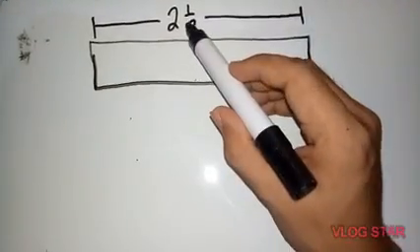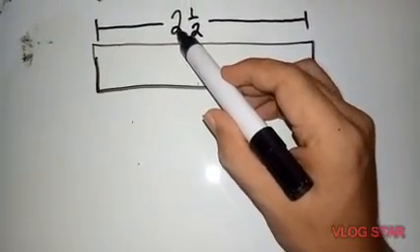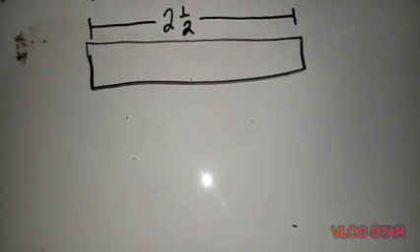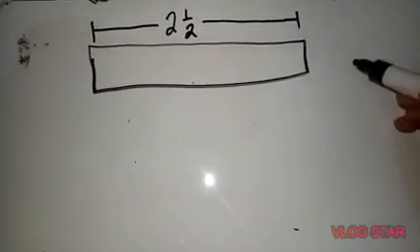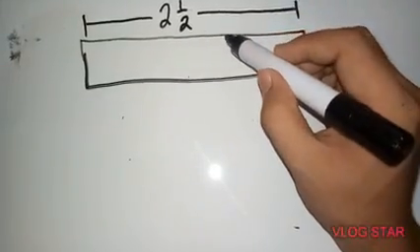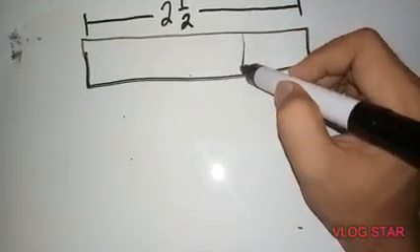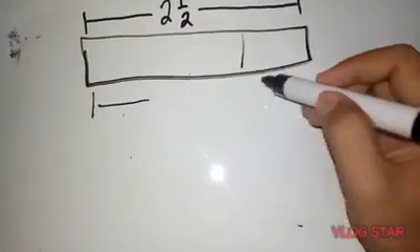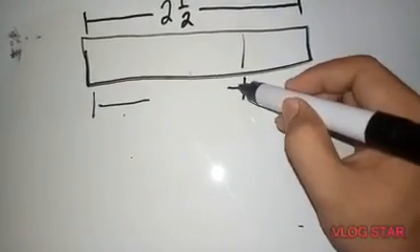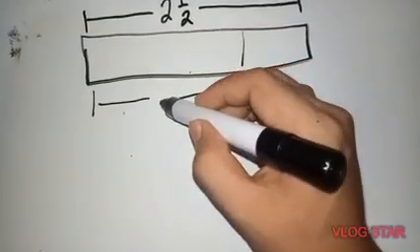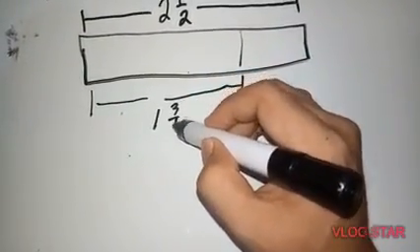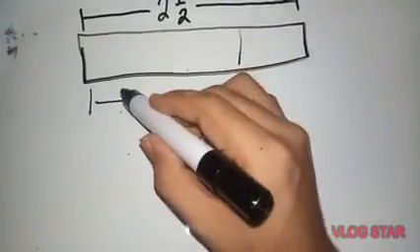Since green mangoes and bananas together is equal to 2 1/2, and the mangoes is equal to 1 3/4. So let's say it is from this part to this part, which is equal to 1 and 3/4 kilogram.